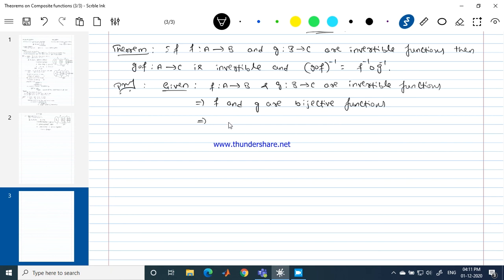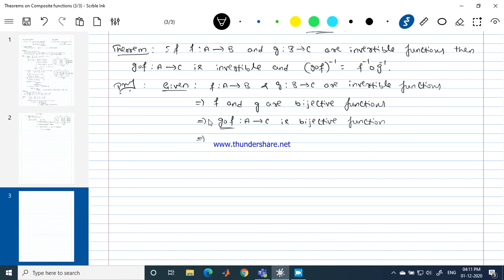F and G are bijective. This implies F composition G, it's a function from A to C, is bijective. So one more theorem which we have proved. If F and G are bijective functions, their composition is bijective.